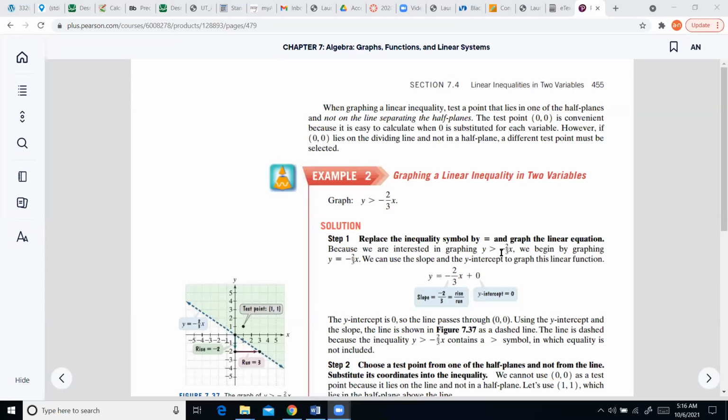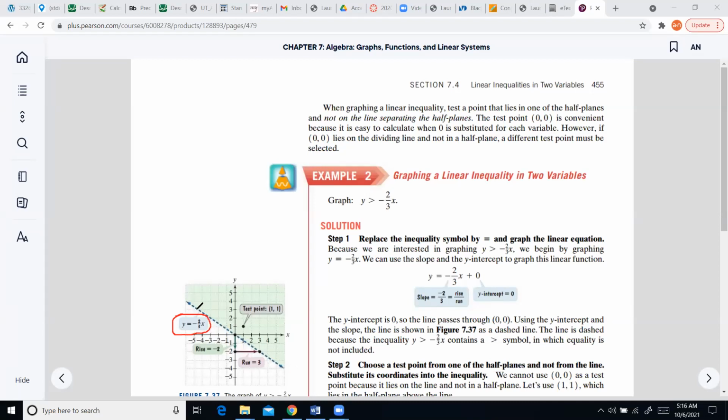So for example, if I look at the graph in problem 2 here, that talks about graphing the line y is equal to negative 2/3 x. So it turns out when you graph this line, you break it. Notice that the line y is equal to negative 2/3 x is a dashed line.